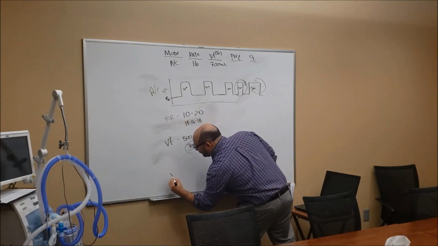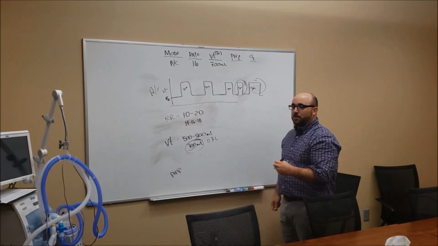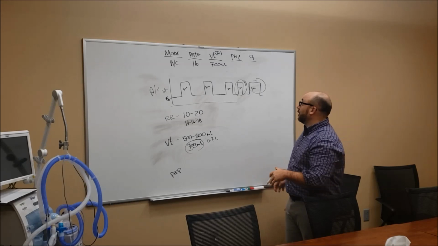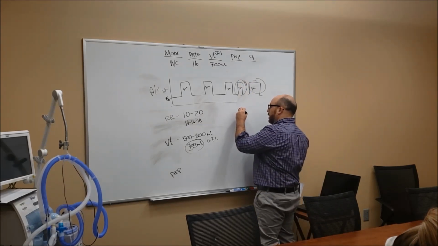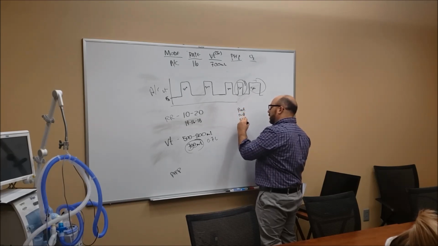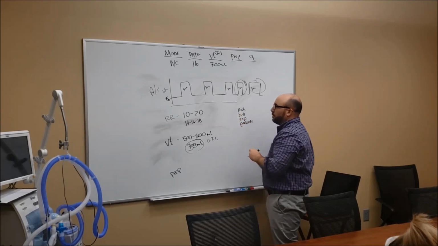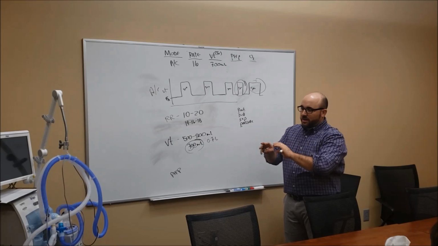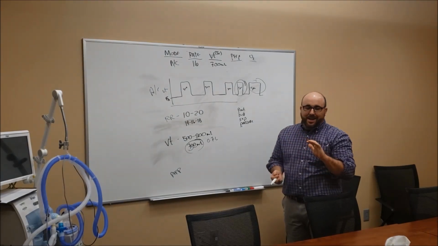Now PEEP, positive end expiratory pressure, acronyms galore, of course. So just for your purposes, this is a pressure that we leave in the circuit and in the patient at all times. And we almost always start with 5 to 8.